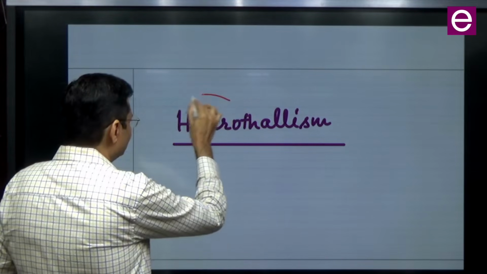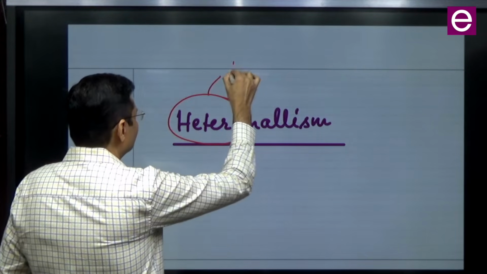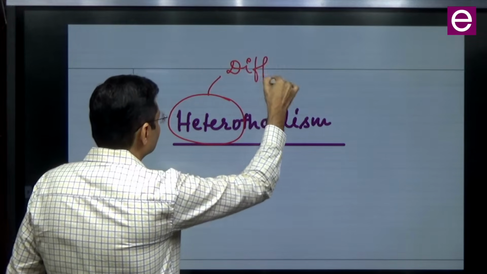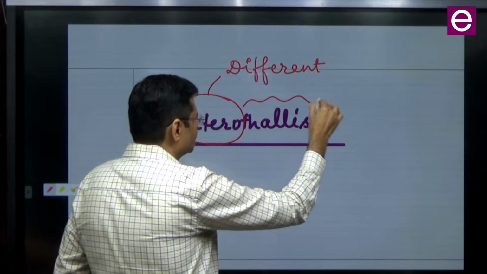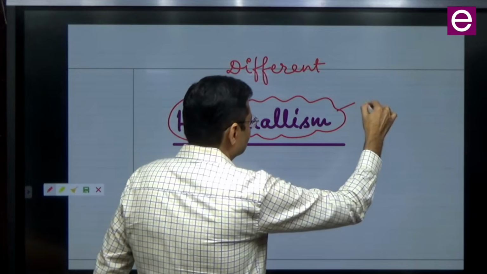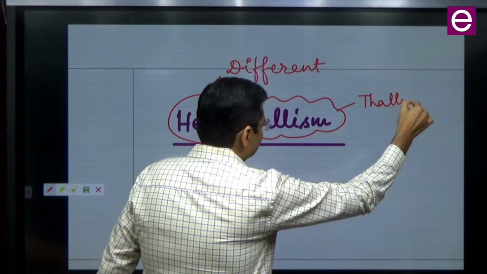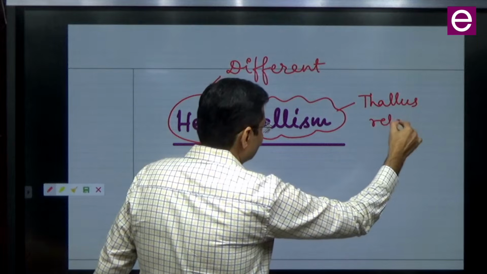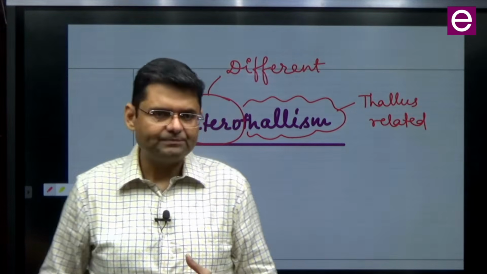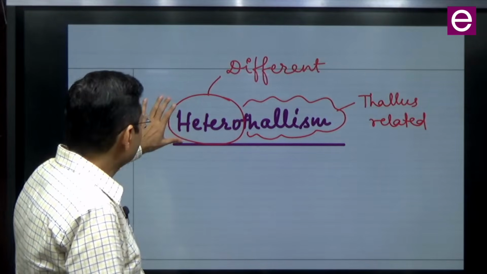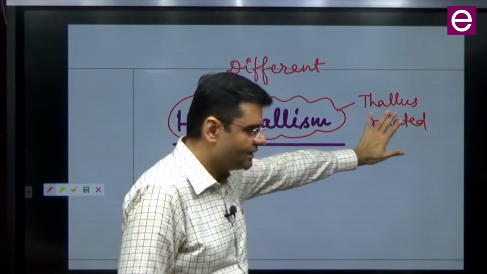So hetero means different. Thallism is thallus related. So heterothallism here means different thallus related behavior.